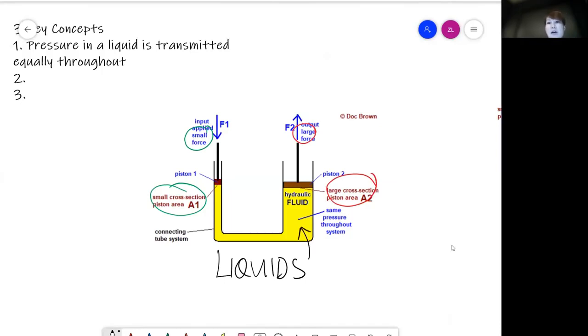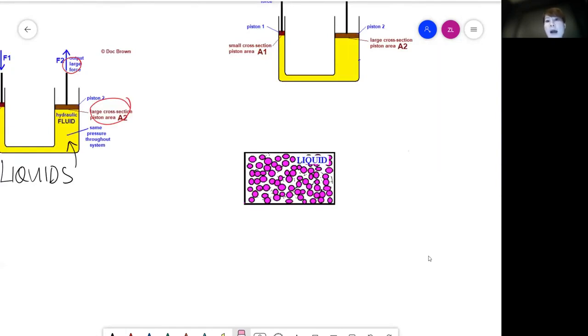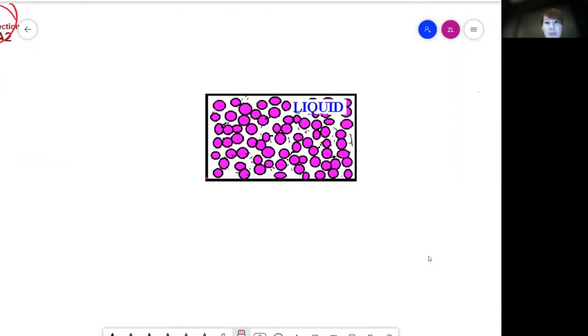Okay, this is because of the way liquid molecules are arranged together. Now let's take a look at why the pressure is transmitted equally in a liquid. It has everything to do with the close intermolecular distance in a liquid. So we know that the molecules are packed close together.